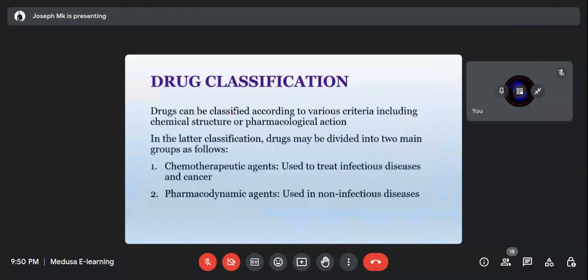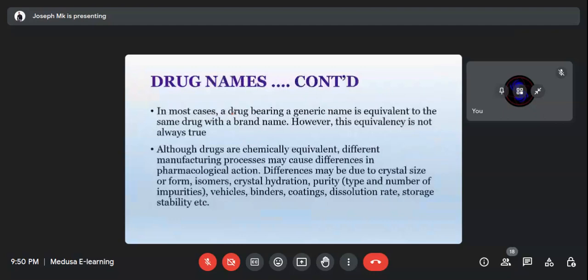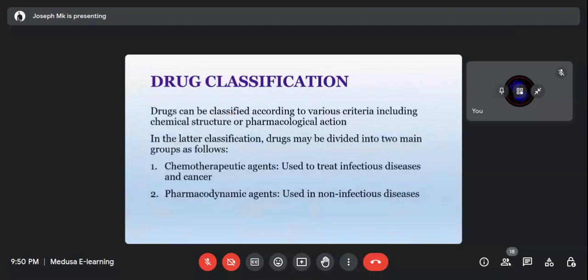So now let's move to drug classification. Drugs can be classified according to various criteria, and this will include the chemical structure, the pharmacological action, the action of a drug, or maybe the content of the drug.